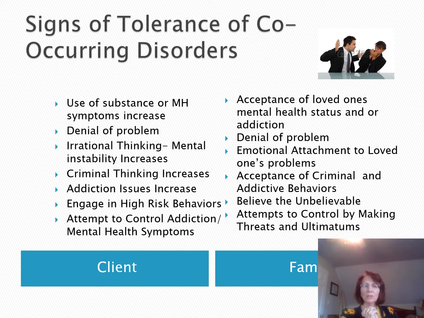There is irrational thinking, and mental instability increases in the client, and for the family, emotional attachment to the loved one's problems increases. They become more concerned with the client and what they're doing to help their problem. Addictions increase in the client, and addictive behaviors such as denial, rationalization, projection increase in the family.